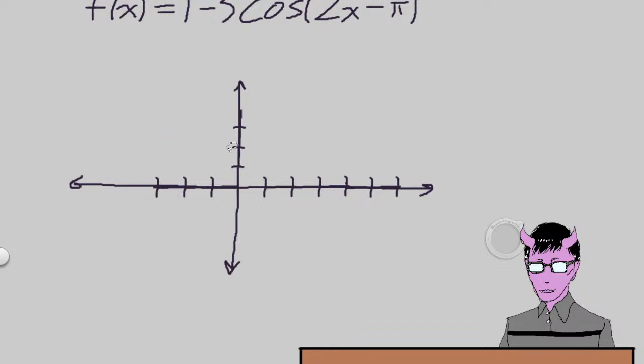I'm going to take this part right here. I'm just being a little picky with the graphing, because if we don't, then the shifting rules are going to be a little wonky.